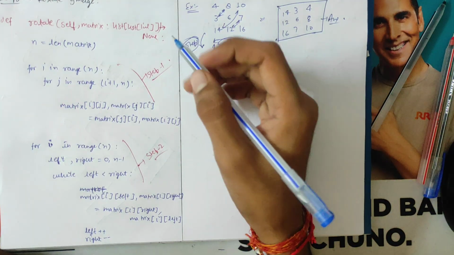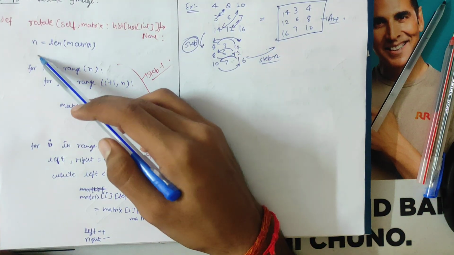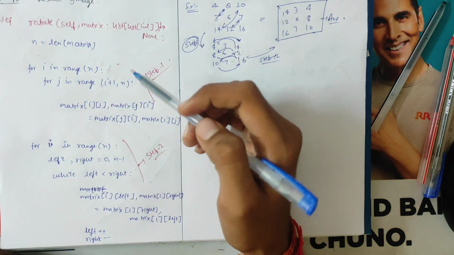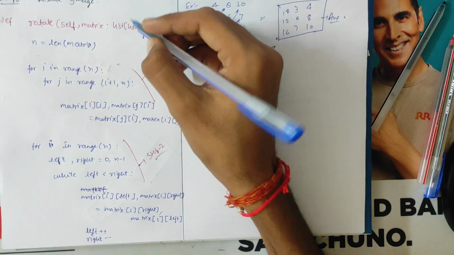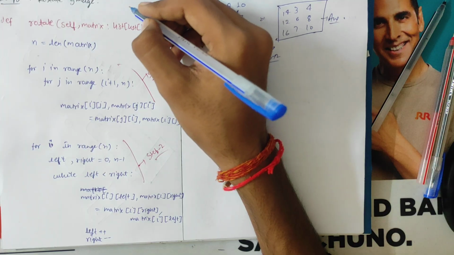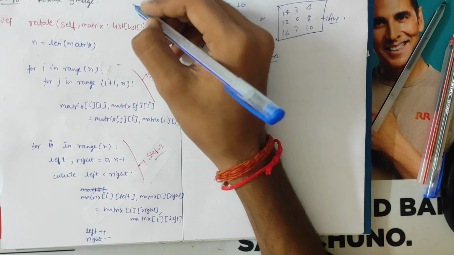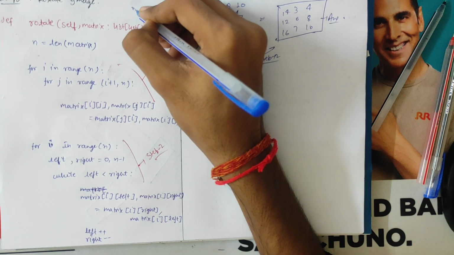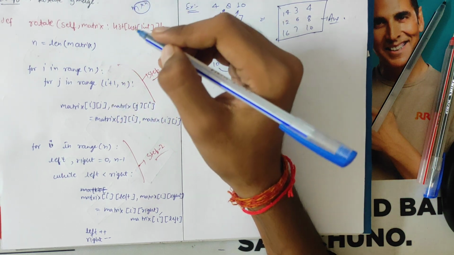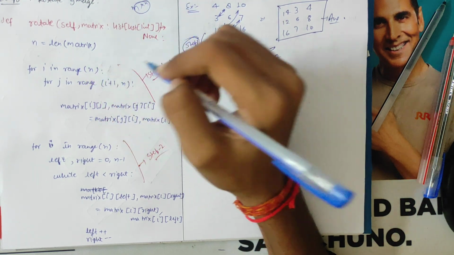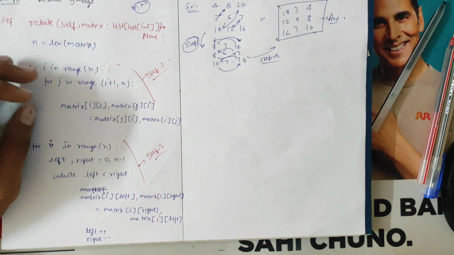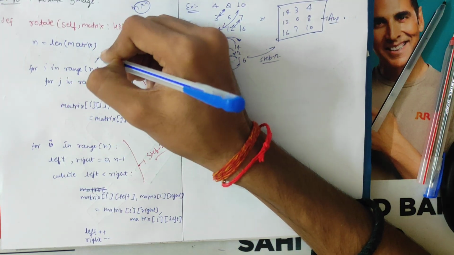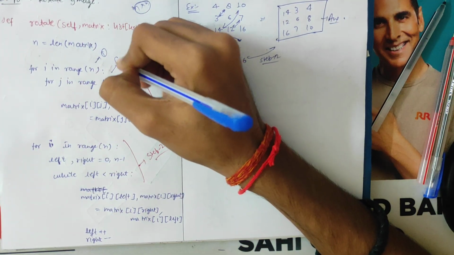So let's understand the code. N is the length of the matrix, because the matrix given to us is a square matrix, so its order is n cross n. Here I is denoting the row and J is denoting the column.